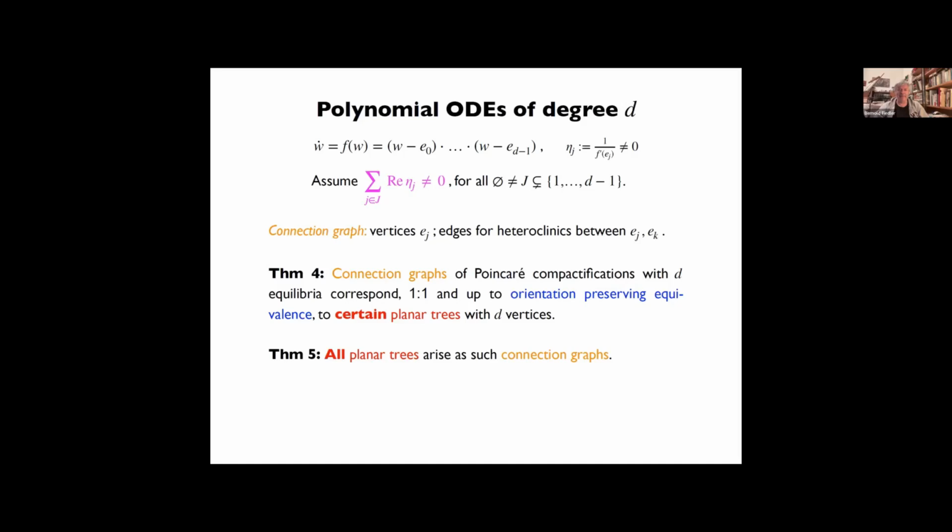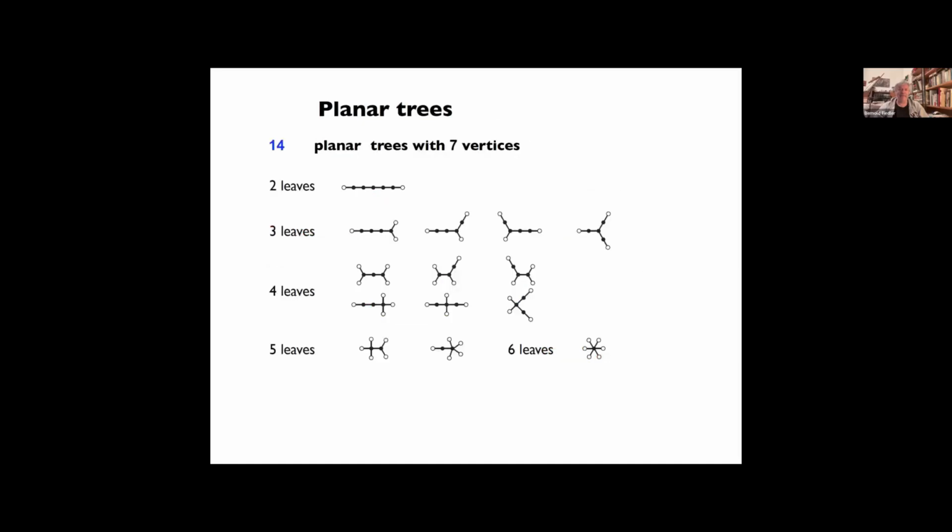Next slide. I'm finishing quickly now. I'm sorry for going over time. Here's an example of the 14 planar trees with 7 vertices. So I drew these by hand. And I also did this for 8 vertices where there are a few more. And then I looked up the sequence of integers which appears.